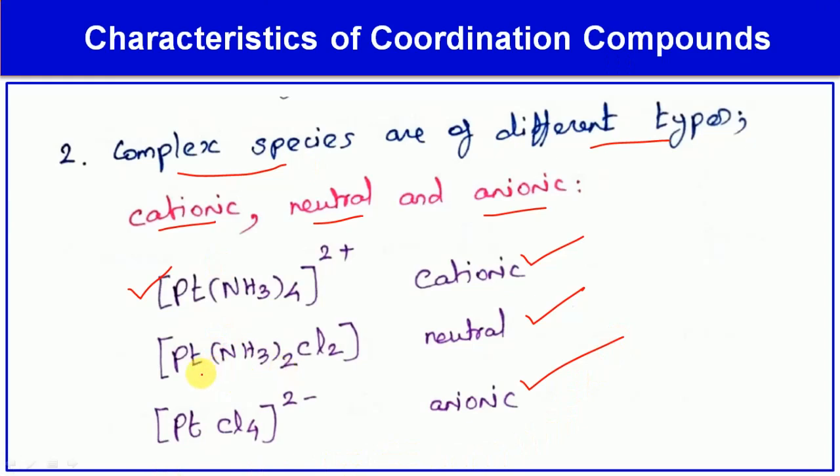The second one is named diamminedichloroplatinum. And the first one is tetraammineplatinum(II) ion, and this last one is platinum tetrachloride.